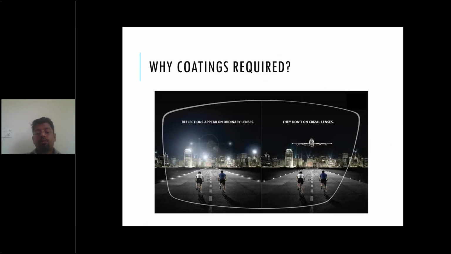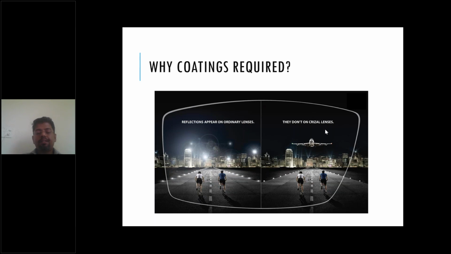Now we'll be talking about the coatings, why exactly coatings are required. This is one of the pictures I have put here to understand why coatings are usually required. As you can see, on one side of the glasses, the ordinary lenses, there is a lot of reflection. There's even an aeroplane somewhere here, but we cannot see it because of the reflection.